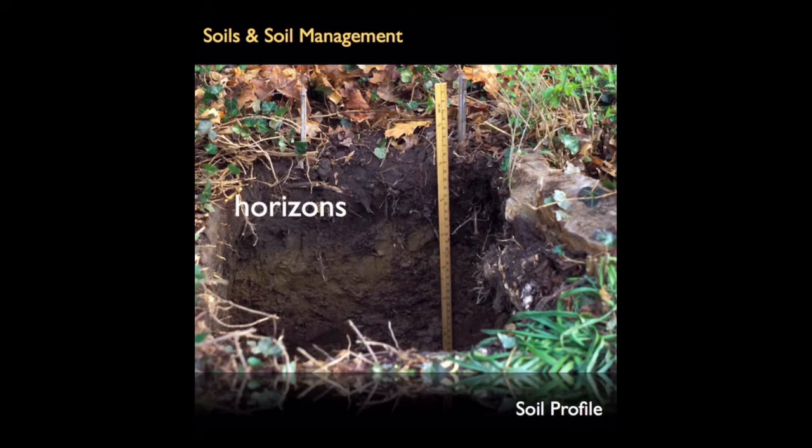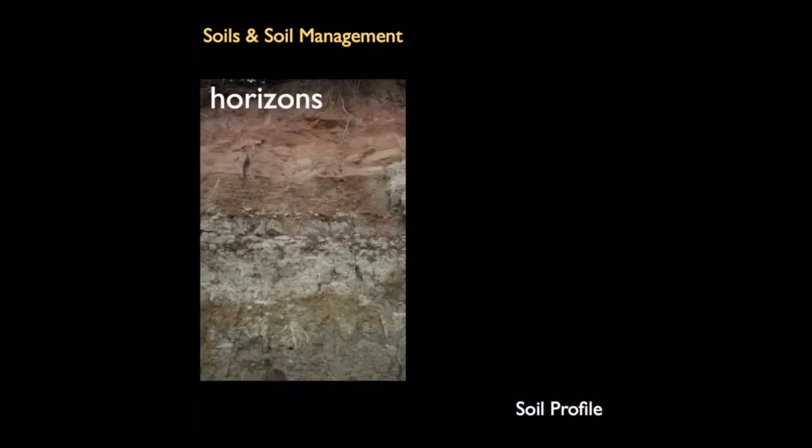Now, the different layers of soil created over time are called horizons. These horizons are used to classify soils by type. A soil horizon is a specific layer of the soil which measures parallel to the soil surface and possesses physical characteristics which differ from the layers above and beneath.